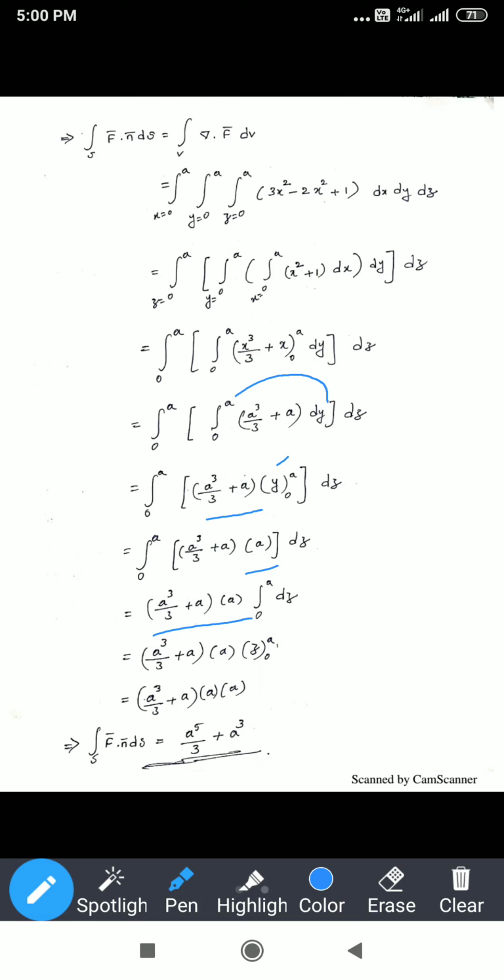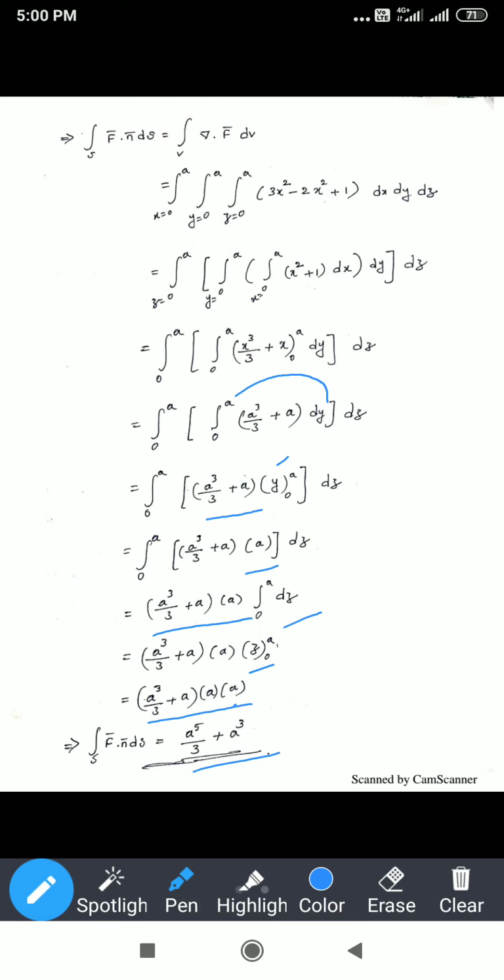Keep outside the term and do the integration finally with respect to z. That is integral of dz, you get simply z. Substituting the lower and the upper limits, you get a. Simplifying these terms, you get surface integral f bar n bar ds is equal to a to the power 5 by 3 plus a cube. This is the surface integral value.